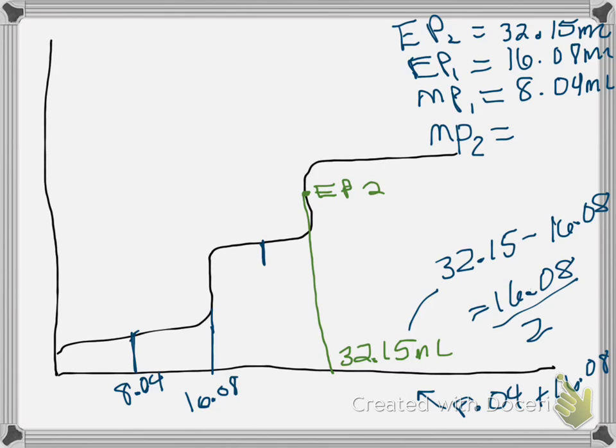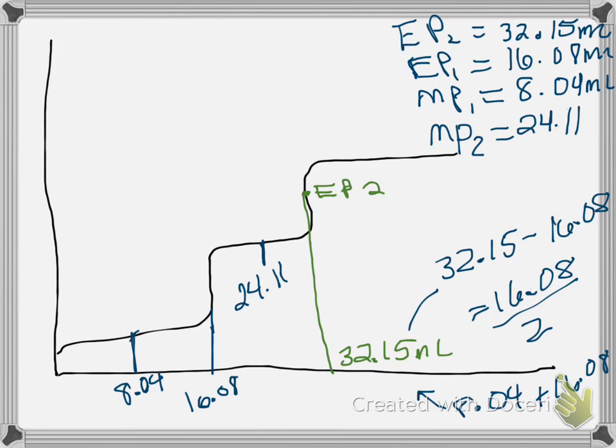Our midpoint 2 for this problem is going to be 24.11, I think. Okay. So you can either get to that by this process of inspection here, the gap divided by 2 plus your equivalence point.